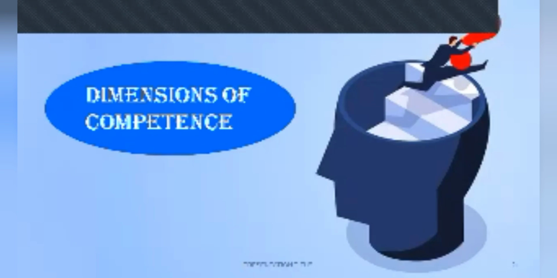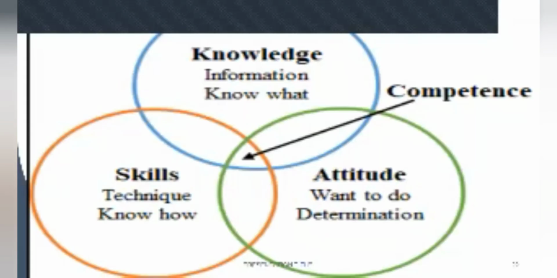So first of all, we will see what the dimensions of competence are. Here we have 3 dimensions. Knowledge, that is information. It is to know what. Then skills, that is technique. That will tell you know how.